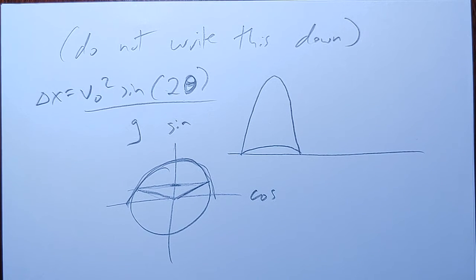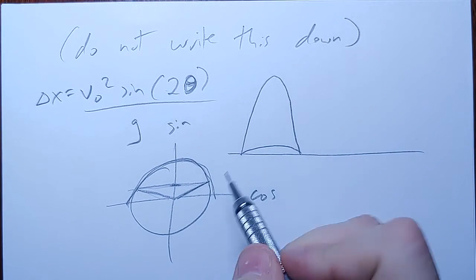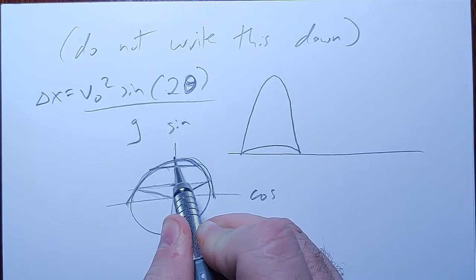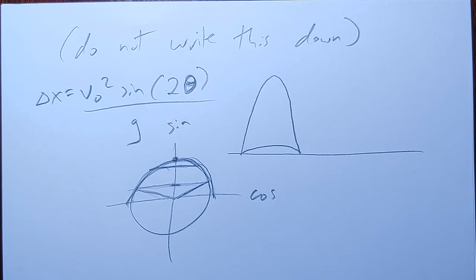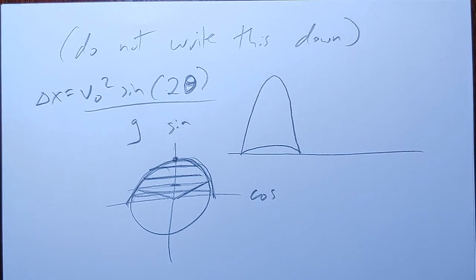And so there's always going to be two angles that can produce the same sine value when we do sine of 2 theta, because our range is anywhere from 0 to 180. And so for any value except the one that gives us our maximum value, there's always going to be two angles that can give us any particular value along here. So we'd like to see what exactly is going on, and this is a relationship that is pretty important. It's something that would be fair game conceptually for the AP test, where you might get a multiple choice question about this.